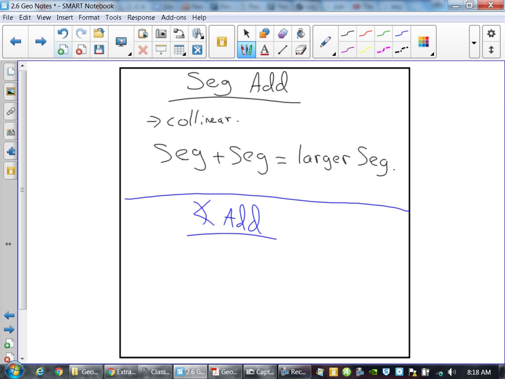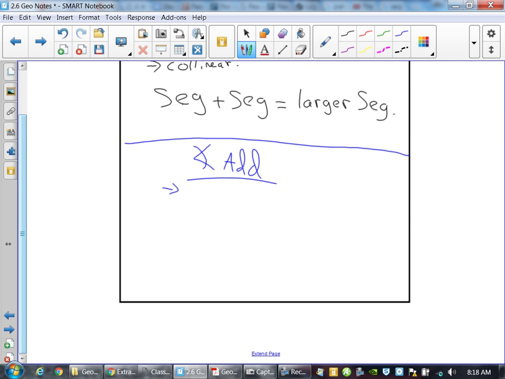In this case, I want to make a note here saying that for segments they have to be collinear. Here they have to have a common vertex. So then basically, angle addition was angle plus angle equals larger angle. Just a little reminder.